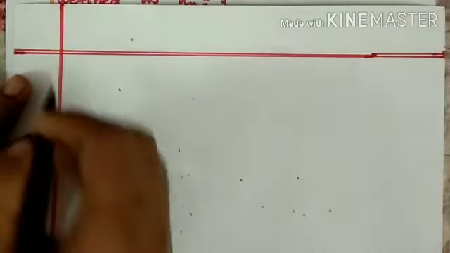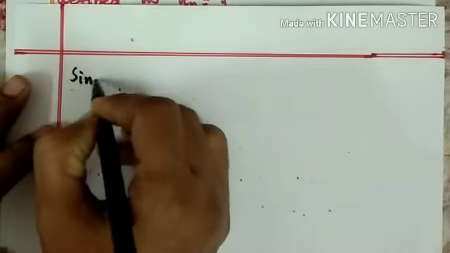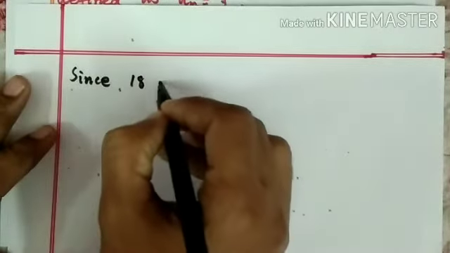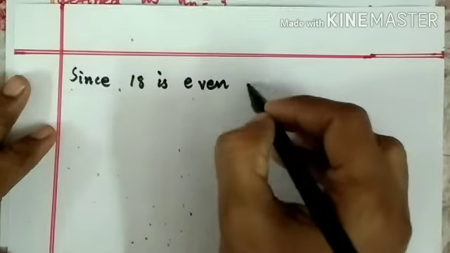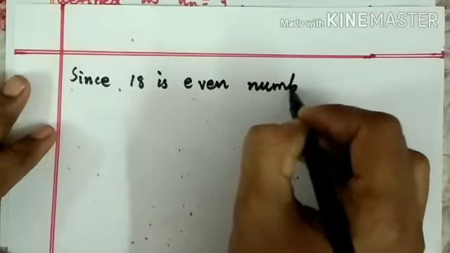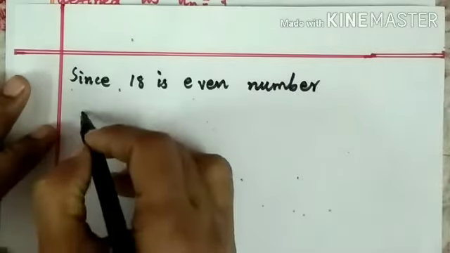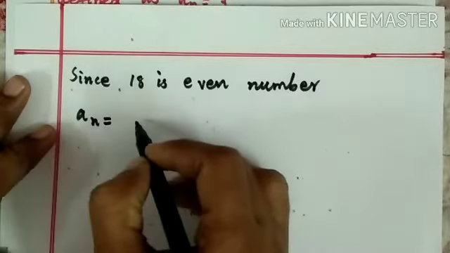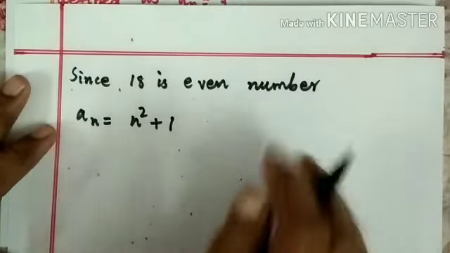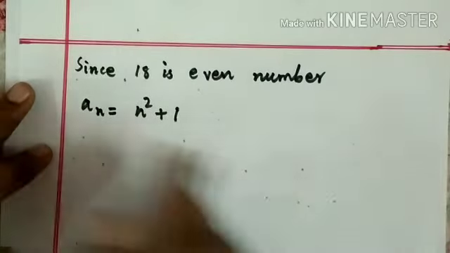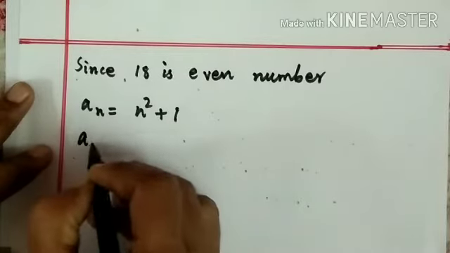Next, to find A18, since 18 is even number, therefore an is equal to n squared plus 1, that is A18.